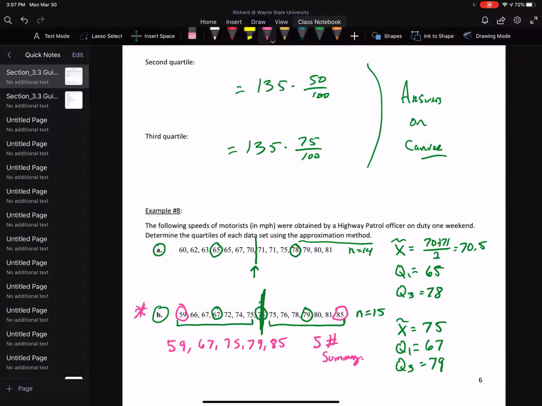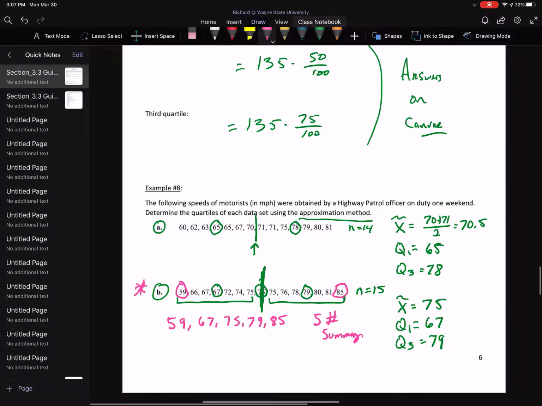Okay, so the 5-number summary includes the median, quartile 1, quartile 3, the minimum, and the maximum. Okay, this here is the 5-number summary.